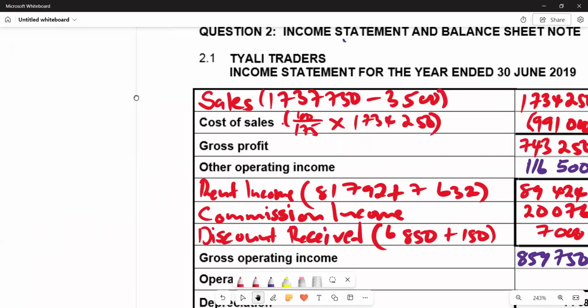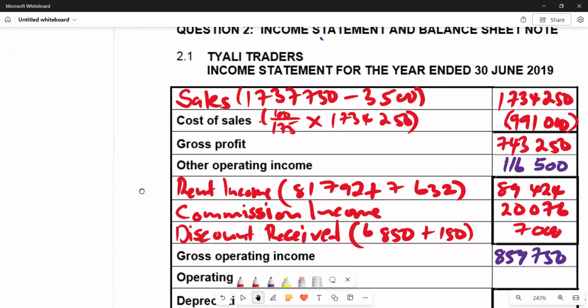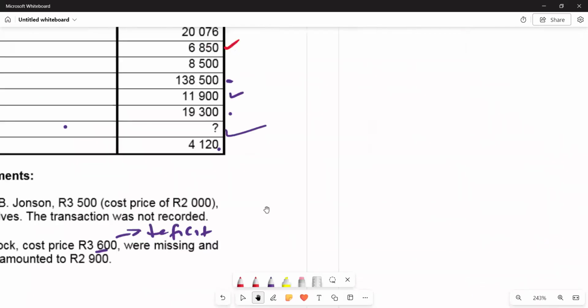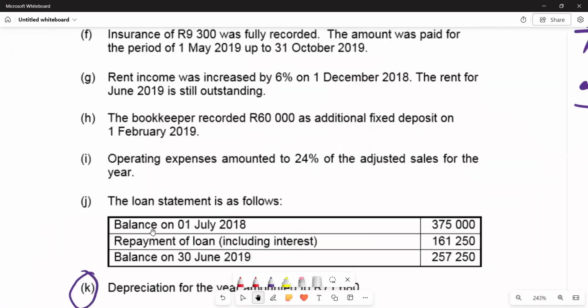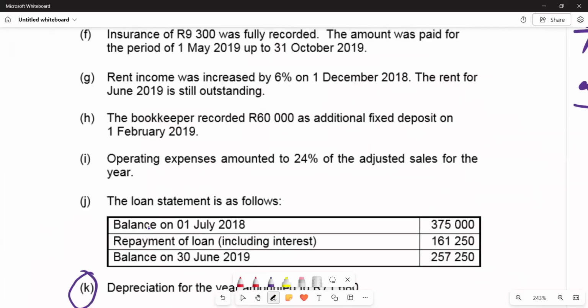But then if you go to additional information, let's try to see. Additional information is going to lead us to find that figure. It is saying operating expenses amounted to 24% of the adjusted sales for the year. So adjusted sales is the sales after we have effected the adjustment that is in the additional information.